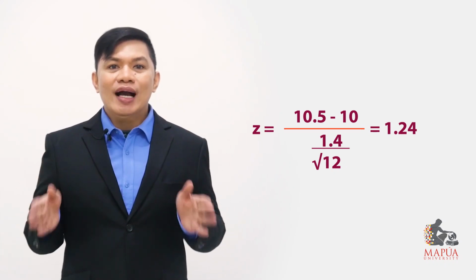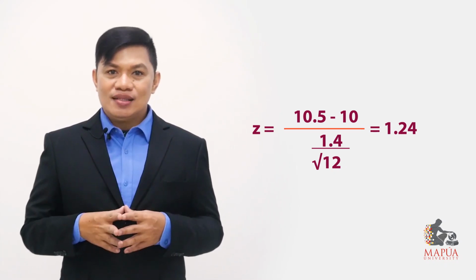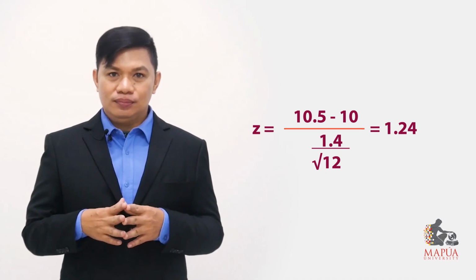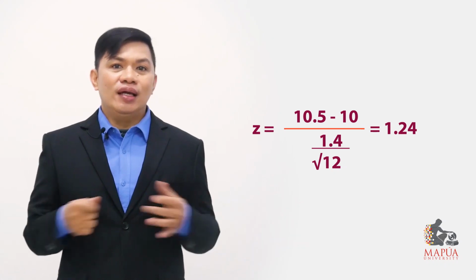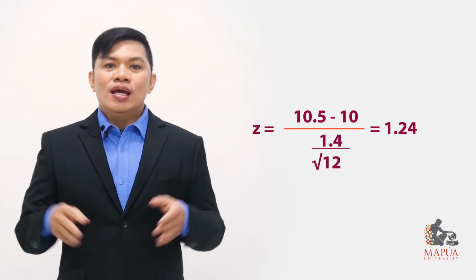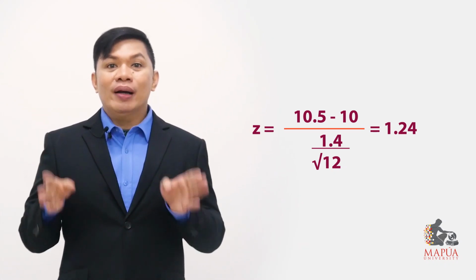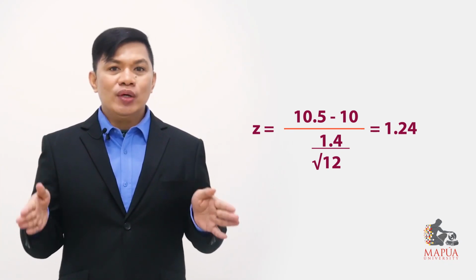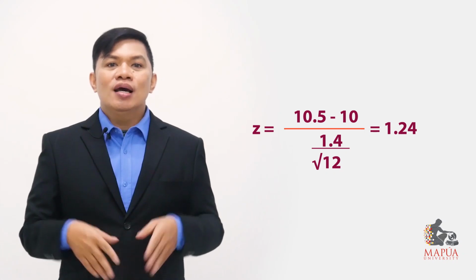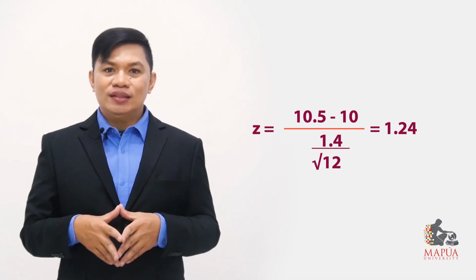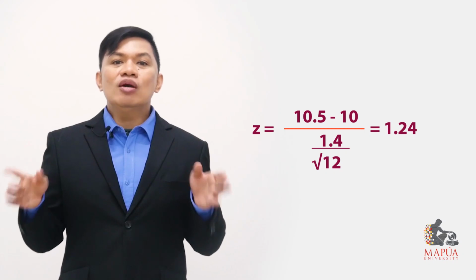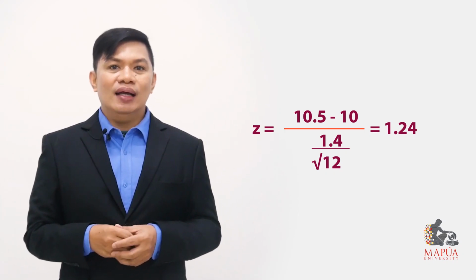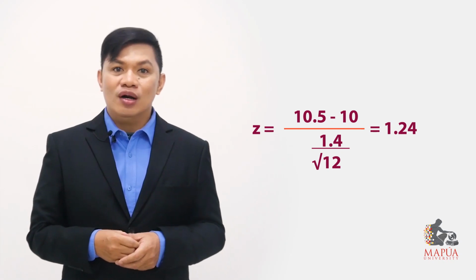This time we are looking at the probability that Z is greater than 1.24. Well, as you learn in the normal distribution, we are looking at the probability of a greater than value of Z. So what we do in the arithmetic of the probability is that the probability that Z is greater than 1.24 is equal to 1 minus the probability that Z is less than or equal to 1.24.